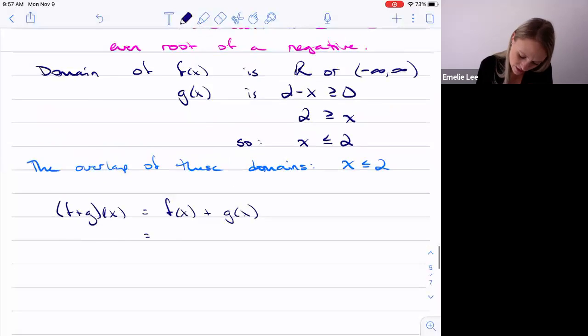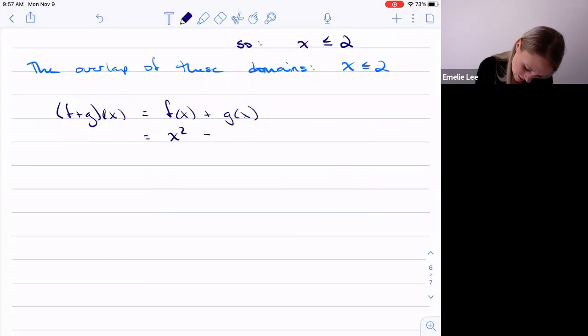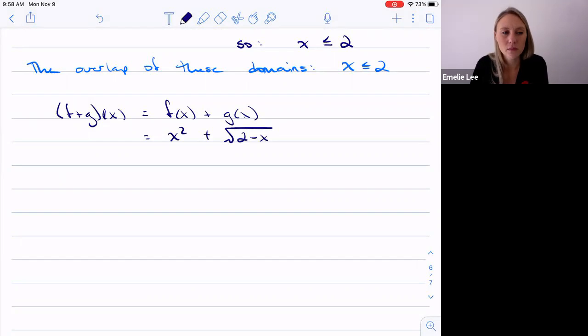F of x was x squared, and g of x the root of 2 minus x. Okay. There's nothing I can do to simplify this, and so the domain of this thing is that x has to be less than or equal to 2.